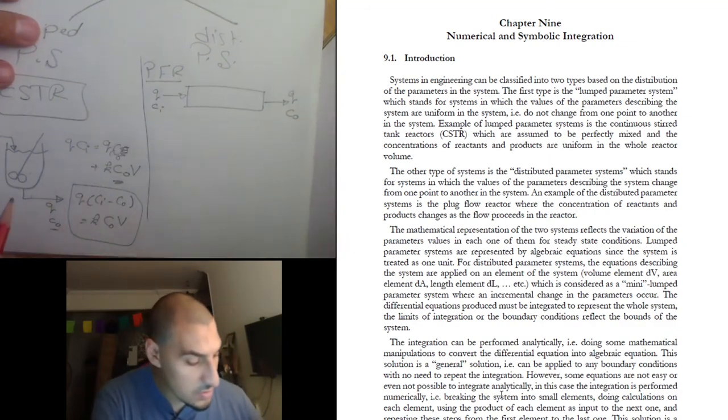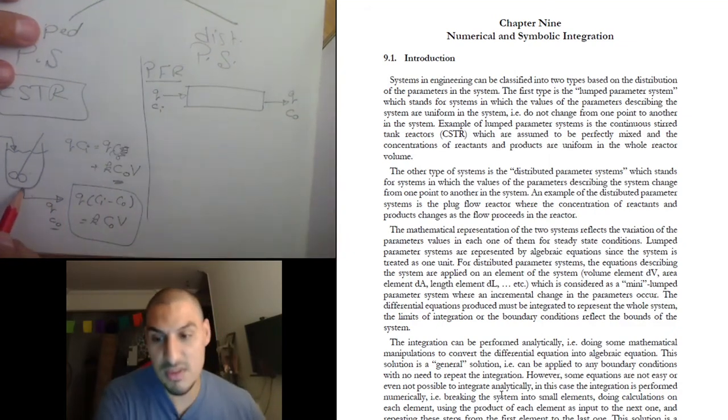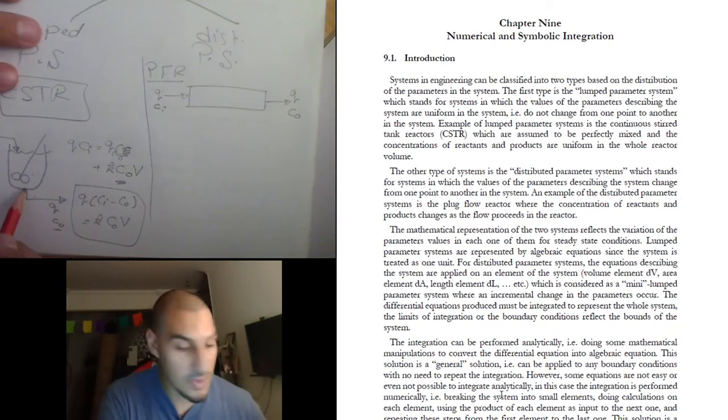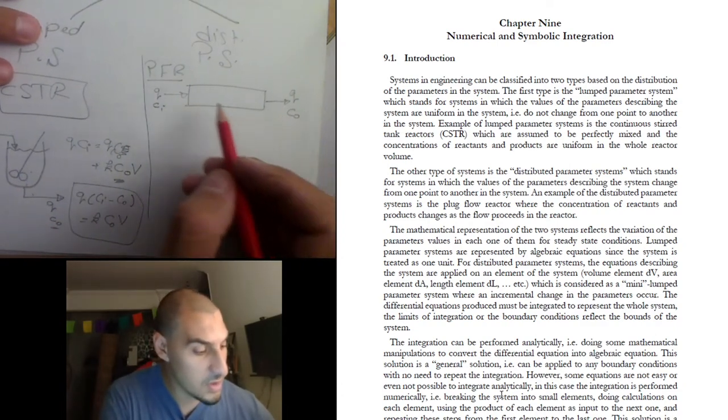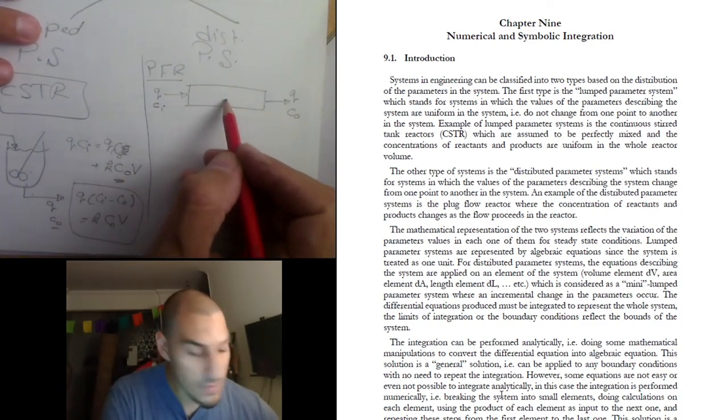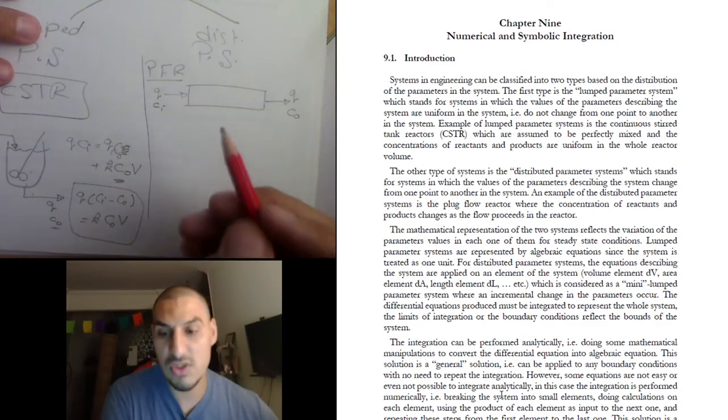Here we cannot use the same assumptions that we used in the previous case, because there we assumed perfect mixing, we assumed homogeneous concentration, but here we cannot do that because in every point of the reactor you have the concentration changing.